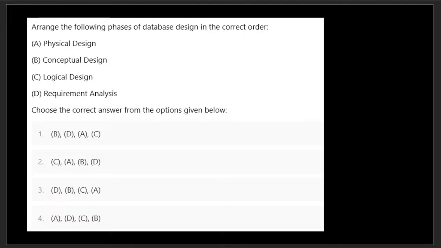A is physical design, B is conceptual design, C is logical design, D is requirement analysis. So what do you all think is the answer for this question?